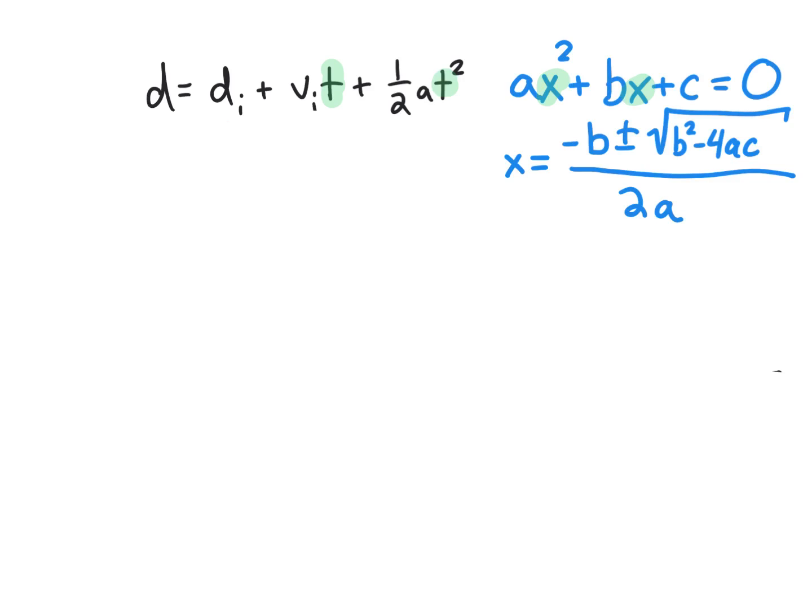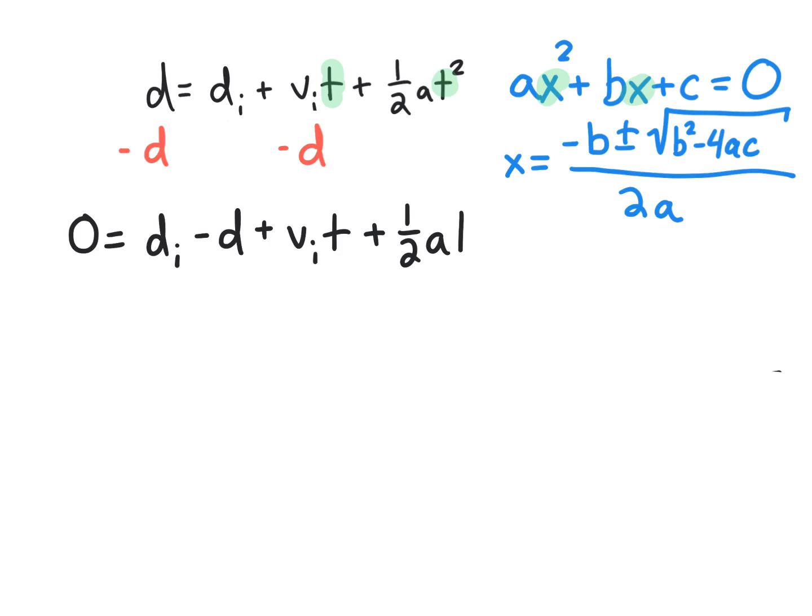So I need it to equal 0. So I'm going to subtract d from both sides. And I get 0 equals d sub I minus d plus v sub I times t plus half of at squared.